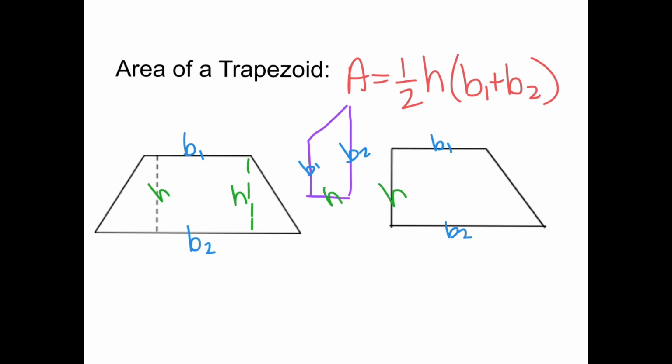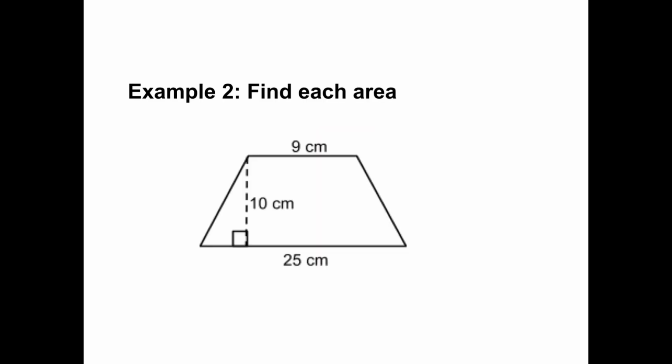And so then we're just using that formula, plugging in as necessary, again, just paying attention to where those base numbers are coming from. All right, so taking a look at this trapezoid, understanding that I'm going to be using the formula 1/2 times the height times the sum of the two bases. So my bases are going to be my top and my bottom, in this diagram at least, but they are the length of my parallel sides.